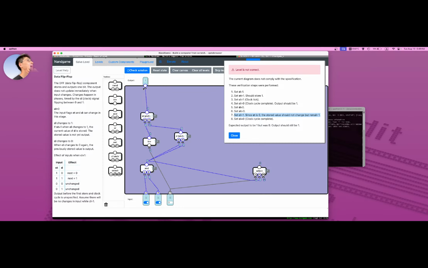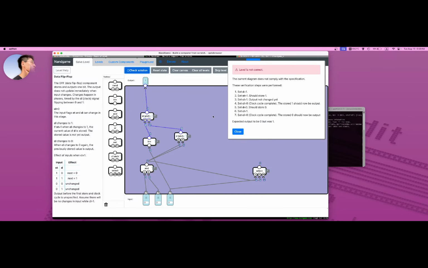No, we should only emit when this is 0, right? Clock ticks, clock cycle completes, output should be 1, clock to 0, output is 1, yep. T is 0, SD is 0, 1, 0.